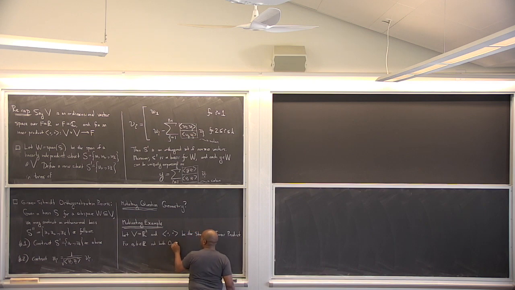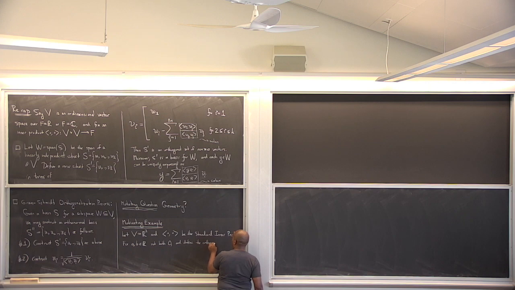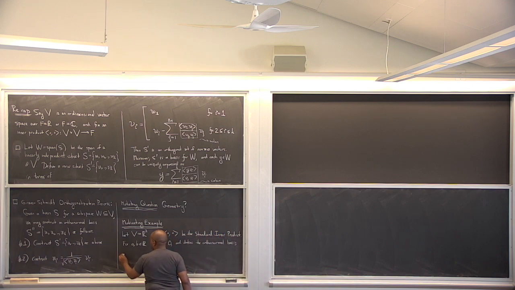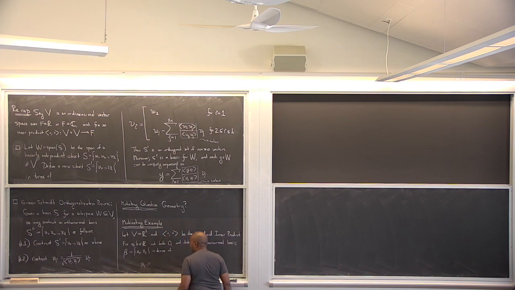And let's define this orthonormal basis, let's call this beta, in terms of u_1, u_2, where remember u_1 will be this vector (a, b), but then we'll normalize it.